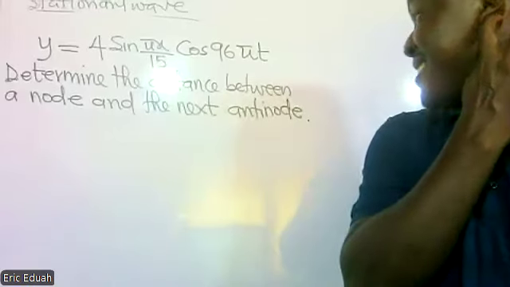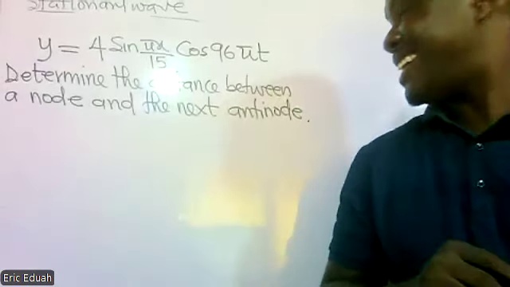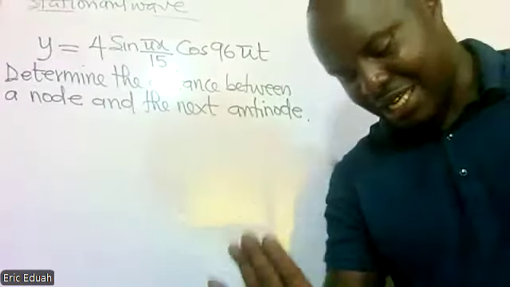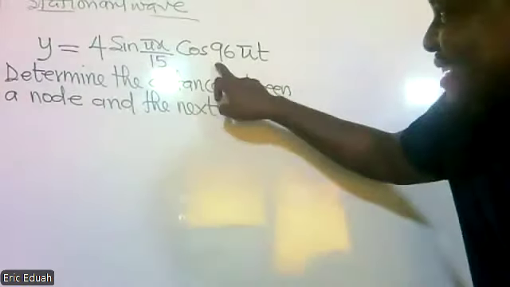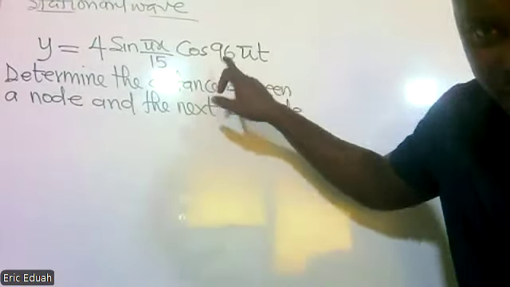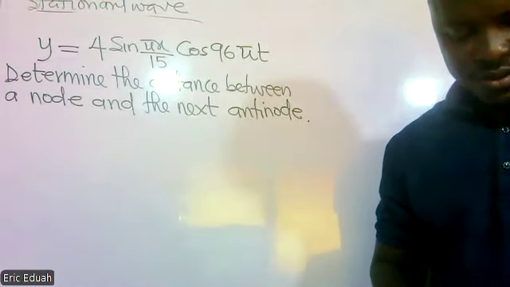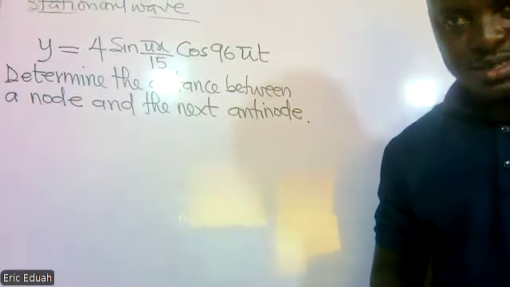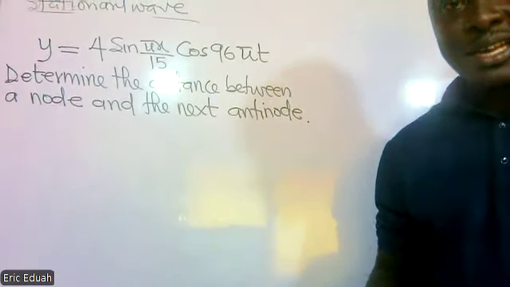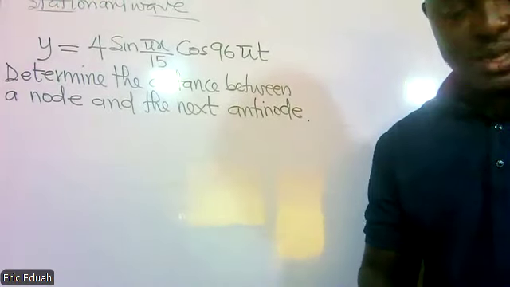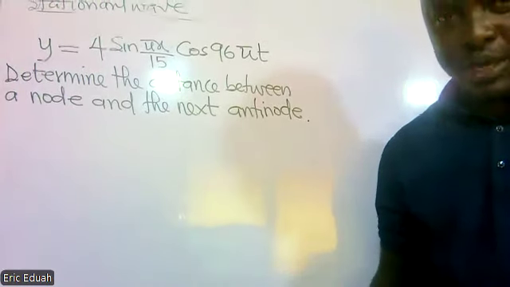Determine the distance between a node and the next antinode. But the question is, is this a stationary wave? Class, looking at the equation given to you, is that a stationary wave?